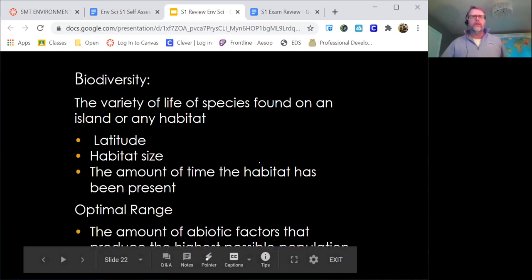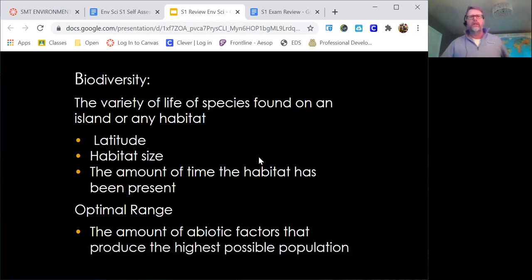Next up we see biodiversity, which is the variety of life and species found on an island or any habitat. Again, latitude is going to be a part of it. Habitat size is going to be part of it, so how big the island is, and the amount of time that habitat has been present.